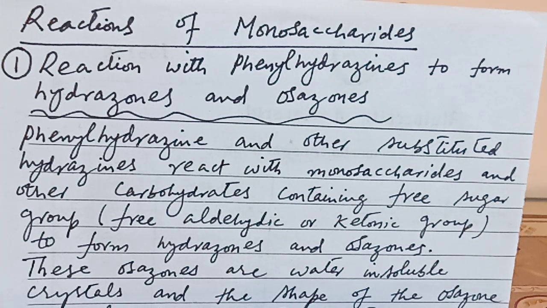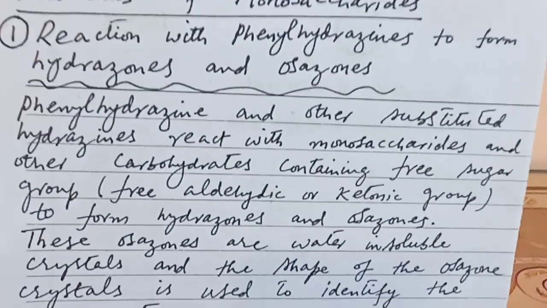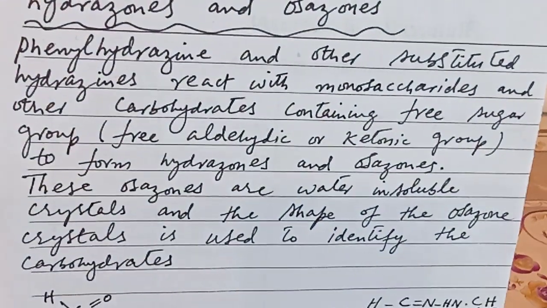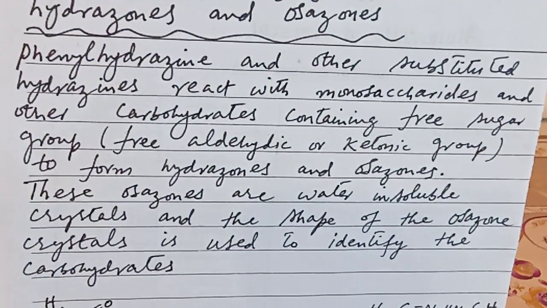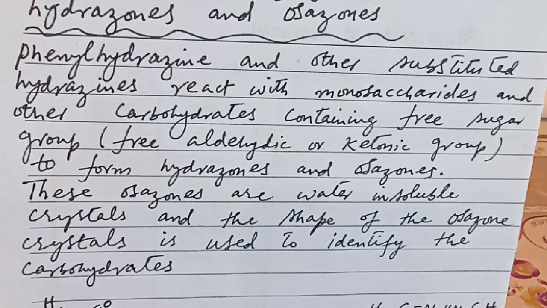First its first alcoholic group, present on the right side, will react with the chemical agent, and then later the next one will be the alcoholic group on the second carbon atom. So the important point is that the free reducing sugar will also react first. These osazones are water insoluble crystals, and the shape of the osazone crystals is used to identify carbohydrates.